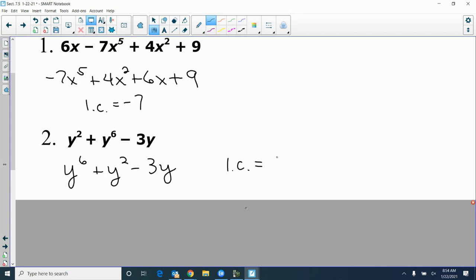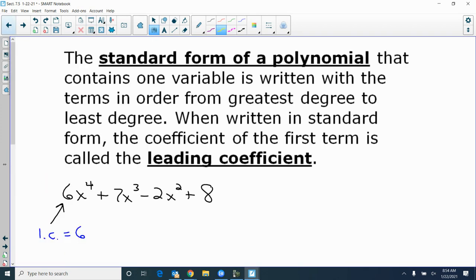No. Go back to the definition. Isn't it 1 because it's last? No. Read the definition, folks. It says the coefficient of the first term. The coefficient of the first term.